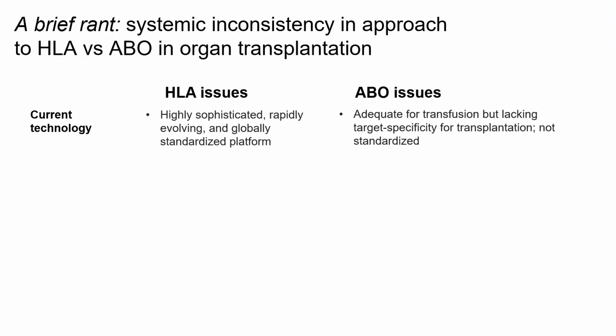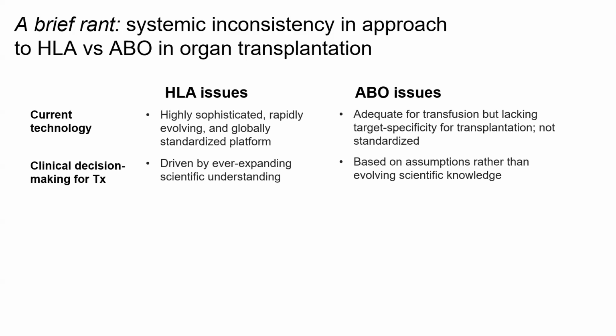In contrast, for ABO issues, the current technology is maybe adequate for transfusion, but it's lacking target specificity for transplantation, as well as standardization and reproducibility. As far as clinical decision-making, HLA issues are driven by an ever-expanding scientific understanding of HLA, whereas for ABO, clinical decision-making is based on assumptions rather than any evolving scientific knowledge.